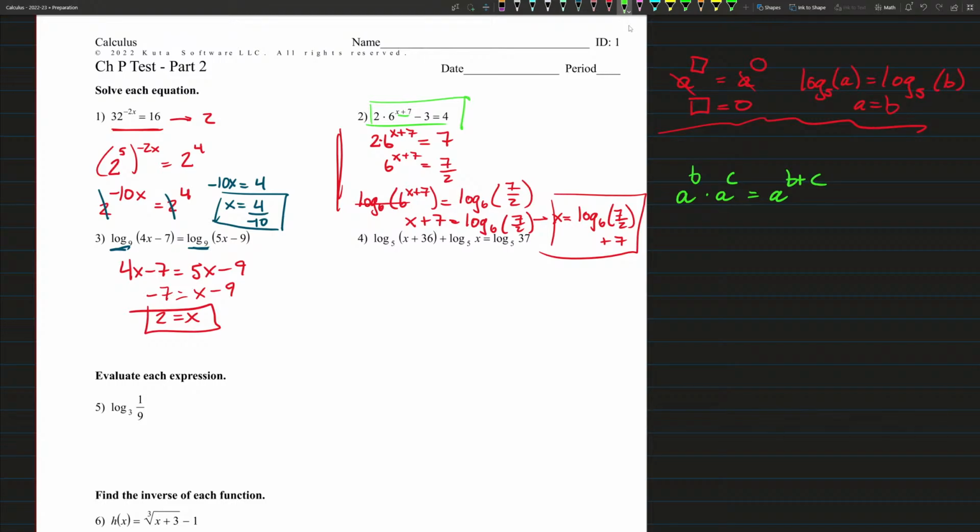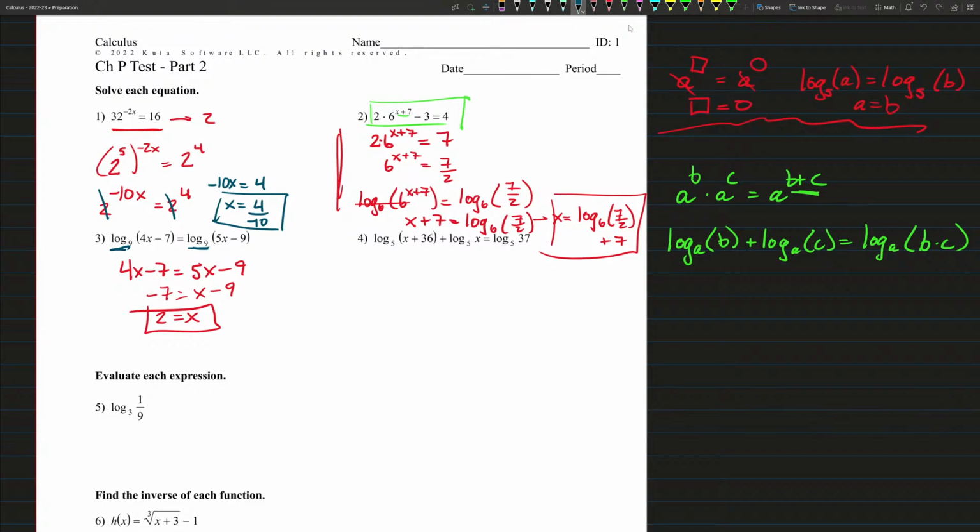If we ever have the sum of two logs, then we get the product of their insides. So log base a of b plus log base a of c is the same thing as log base a of b times c. A sum of two logs means we're just multiplying the insides together.